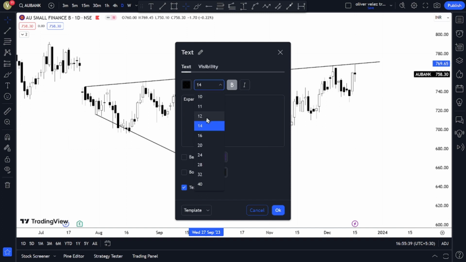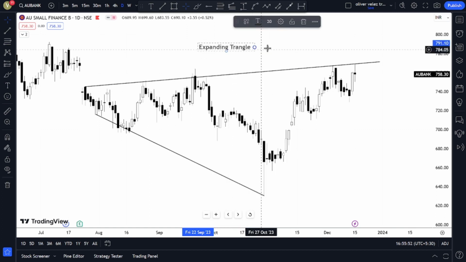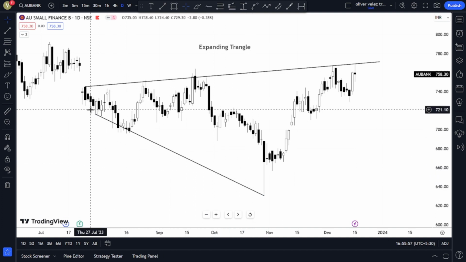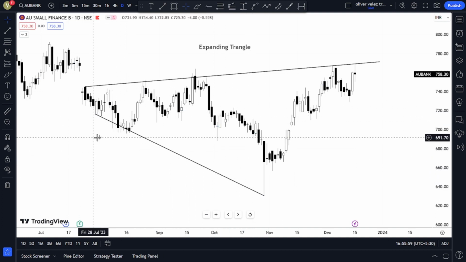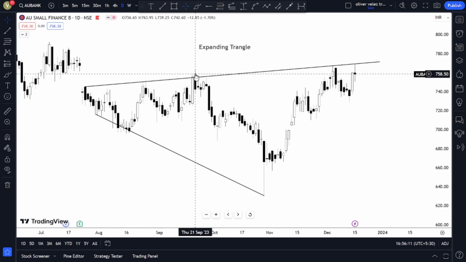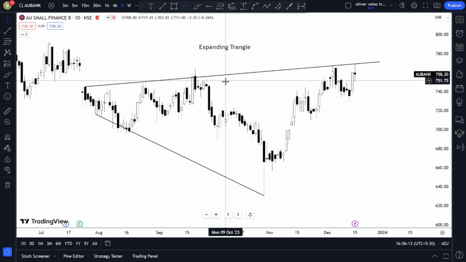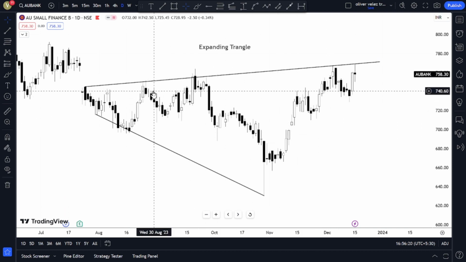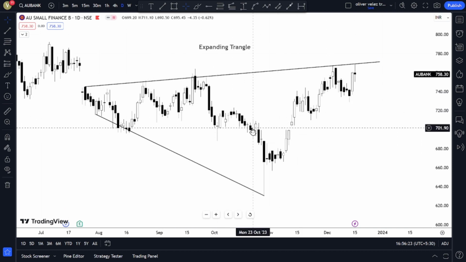Here, this low is below this low, this low is below this low, and this low is below this low. For the second criterion on the upside, this high is above this high, and this high is above this high, and this high is above this high. Over the period the range was expanding, so that's why we call it an expanding triangle.